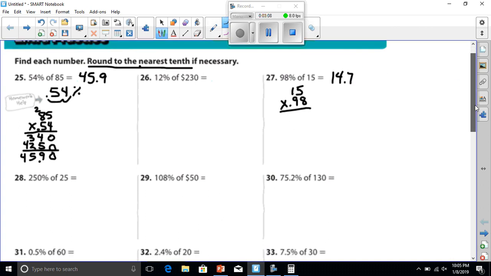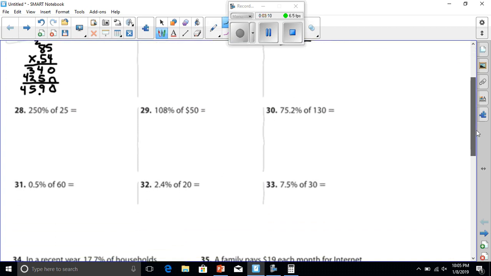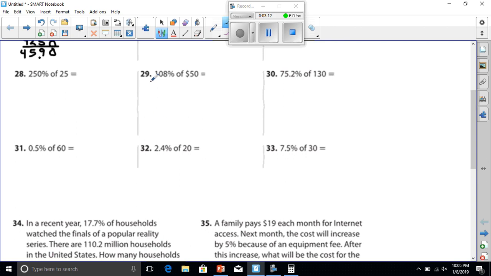All right, let's move on to number 29. We have 108% of $50. Well, once again, since 108%, we'll move the decimal over twice. And that's going to give us 1.08. And we're going to multiply that to 50.